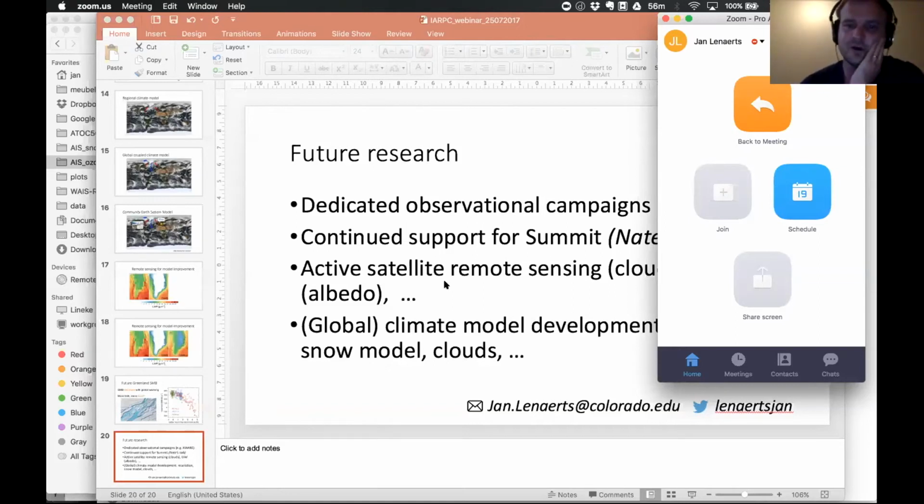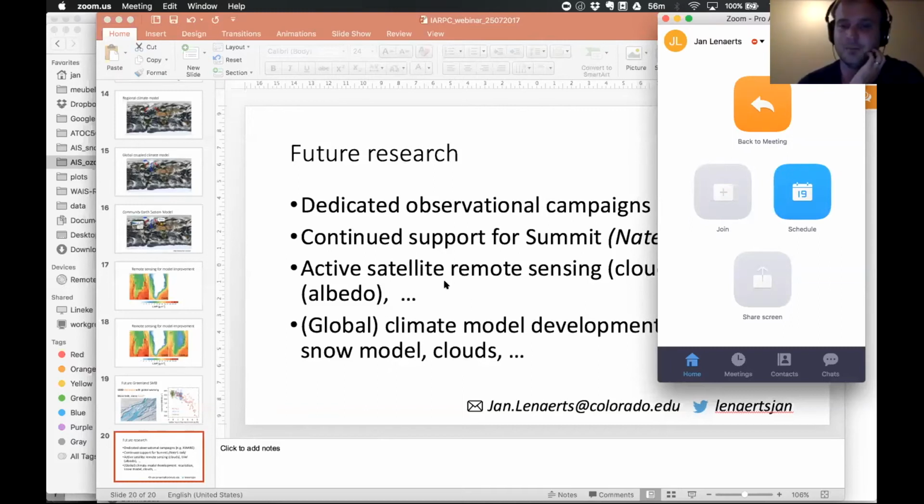And then if we can show with certain confidence that the algorithms from the remote sensing work, then we can use these kind of products to evaluate reanalyses, because we clearly see that there is a lot of discrepancy between the satellite remote sensing observational products and the reanalyses products as well.